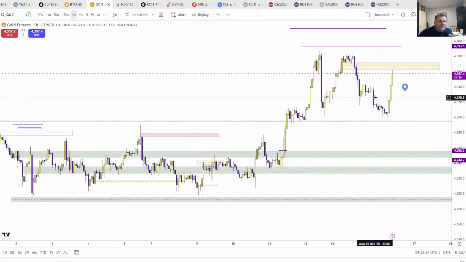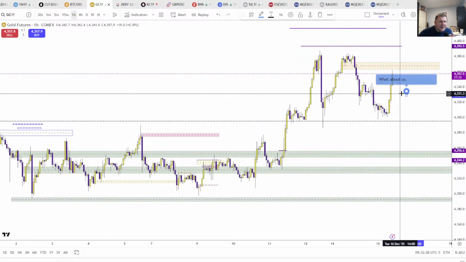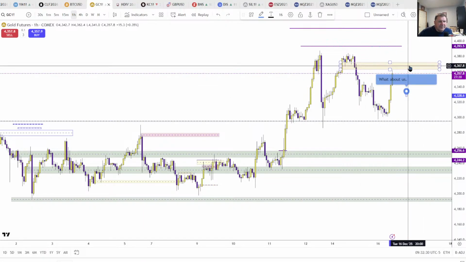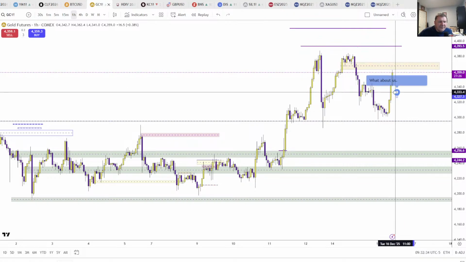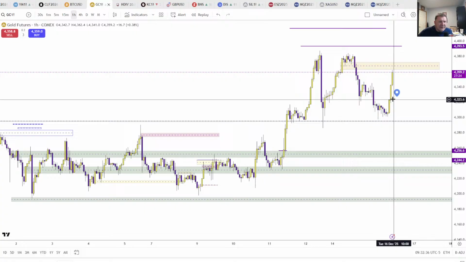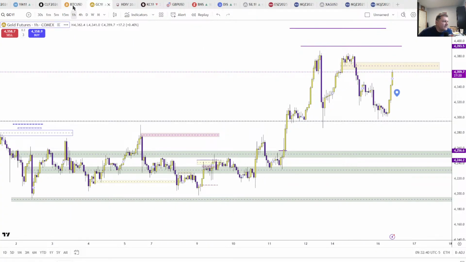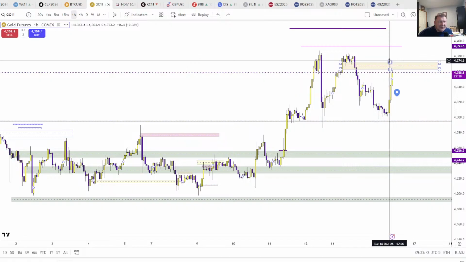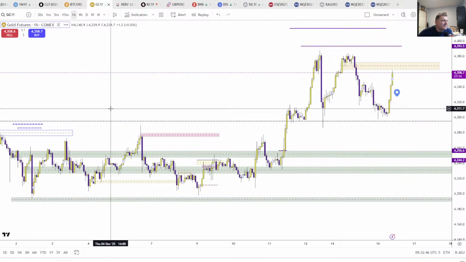So look for this area right here. Anywhere inside that little bubble, react off of that, come back and see if we can catch Darren and Hadi on a bus for a long. And again, if it pops through there, then forget these dudes. We're on the run for these highs.